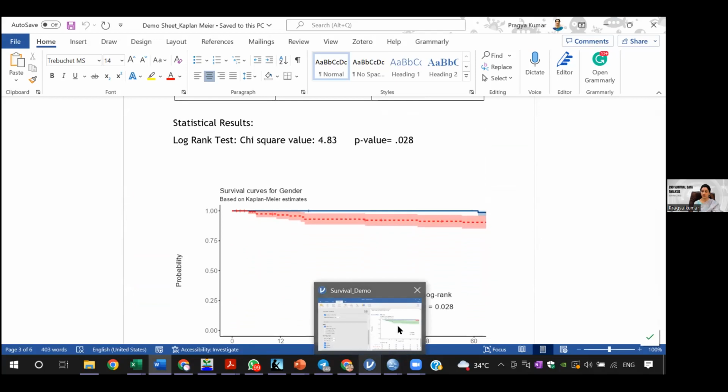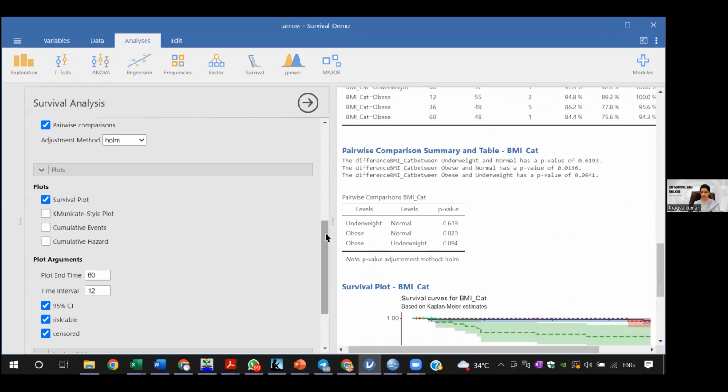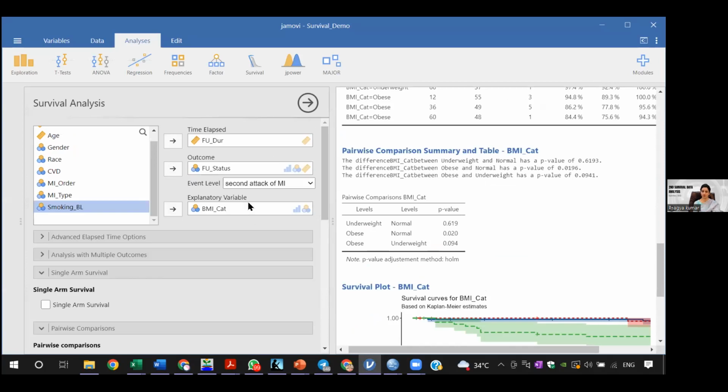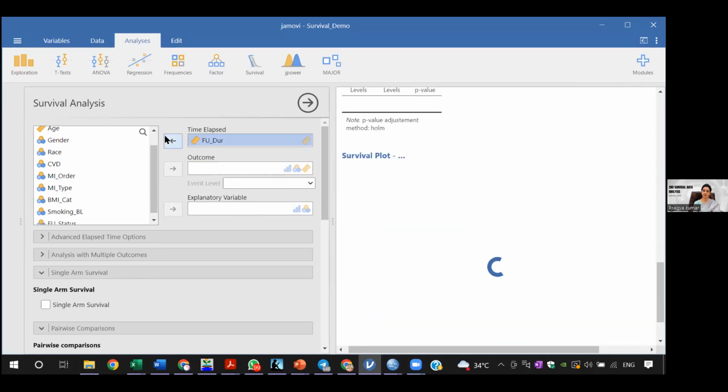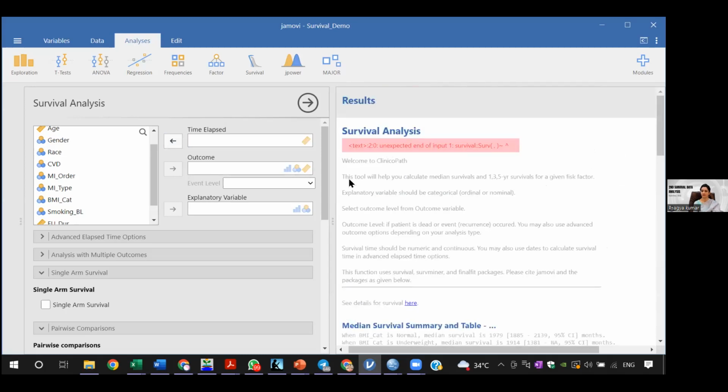So for JAMOVI, you have to go here. And this was the interface of JAMOVI. You have seen this. So again, I'll move this back. This follow-up status. So in this JAMOVI interface, you can see, go to this survival.